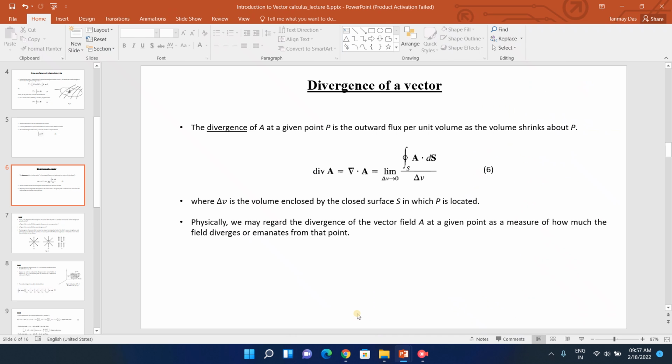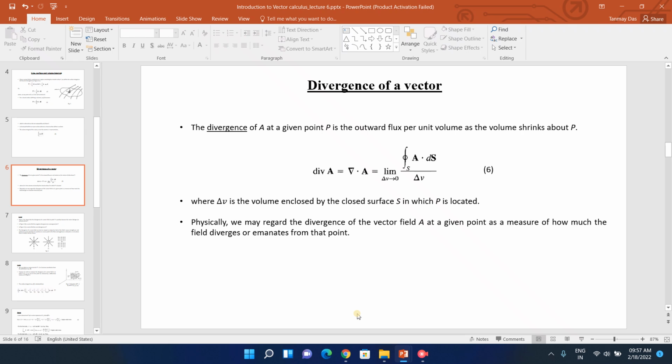When applied on a scalar, we call it the gradient of a scalar, and the scalar becomes a vector. The del operator can be applied on vectors also, but there are two possible ways of applying it on a vector.